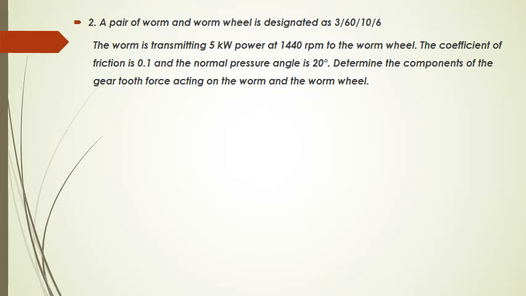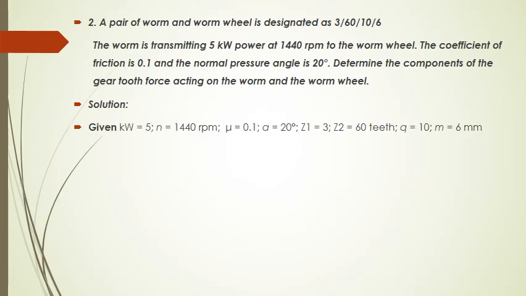The coefficient of friction is 0.1 and the normal pressure angle is 20 degree. Determine the components of the gear tooth force acting on the worm and the worm wheel. Now we will see its solution.